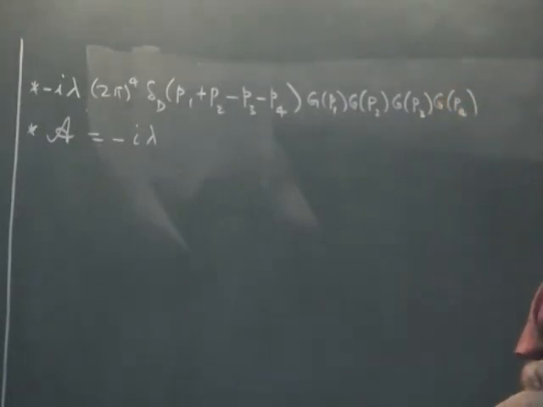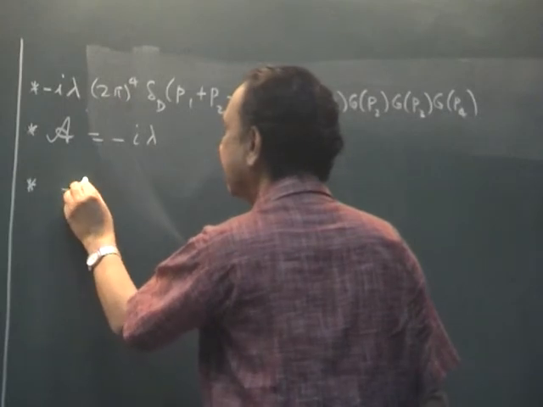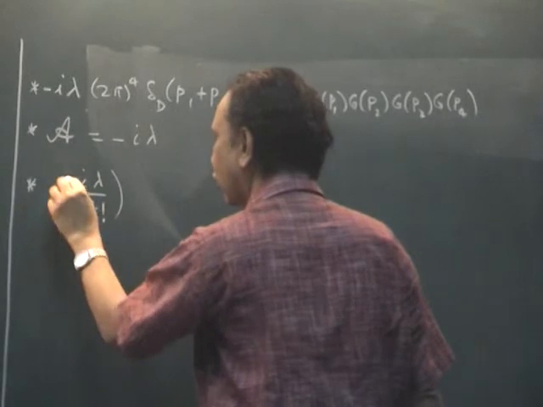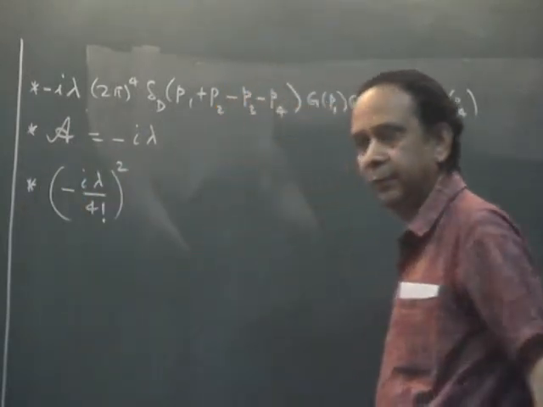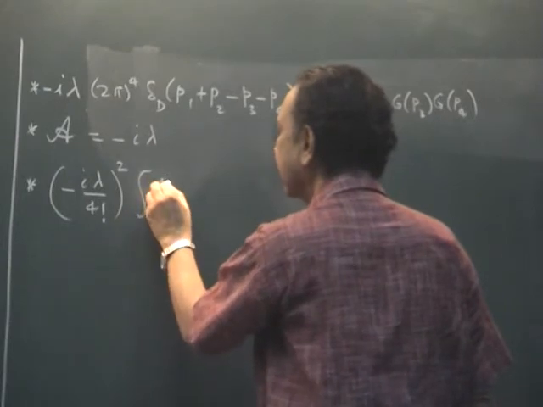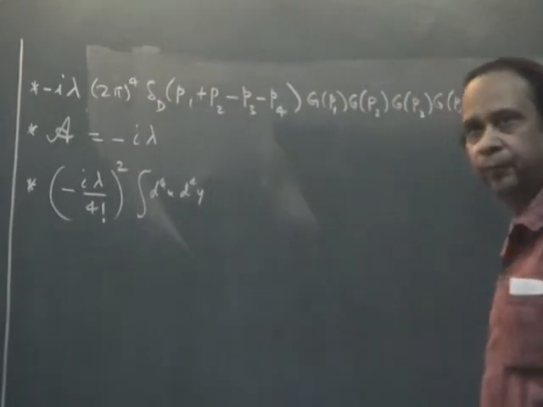Okay. So what is involved here? What is involved here is that first I will get on the outside, so let us try to do it a bit slowly, minus i lambda upon 4 factorial, this square. Then I will have an integral over d4x. Then I will also have an integral over d4y.